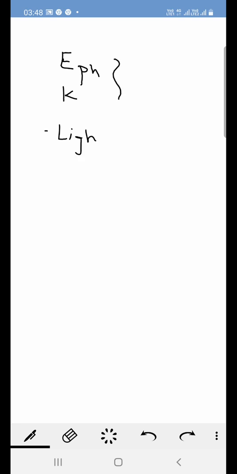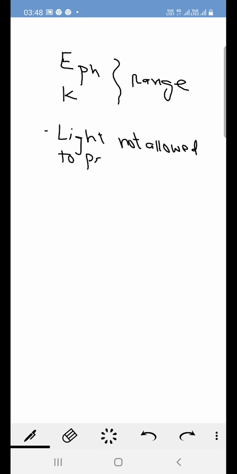So around a certain range, light is not allowed to propagate through this medium.